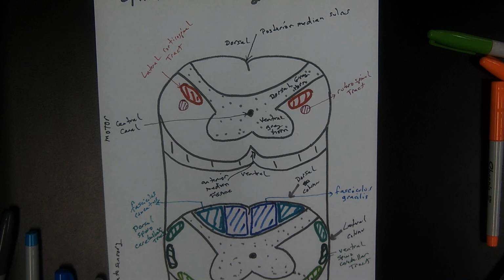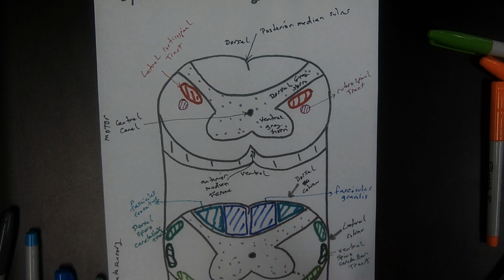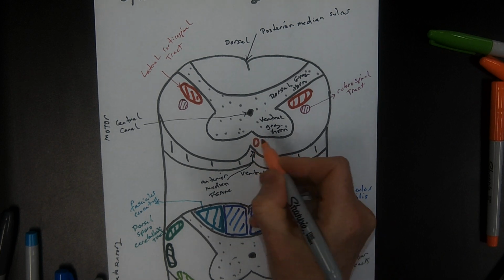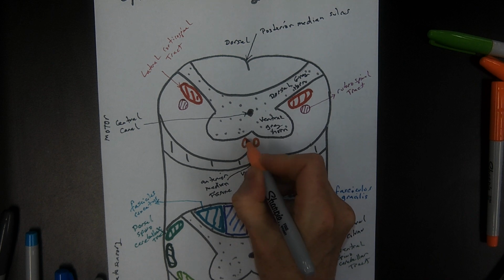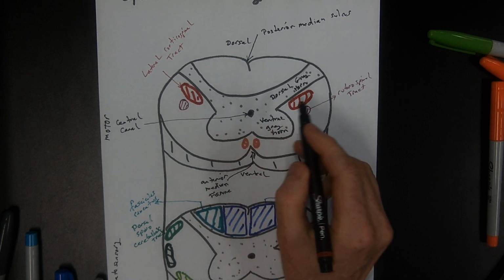And then as far as color, we'll use the same kind of pinkish here. There's another corticospinal tract, and this corticospinal tract is actually part of the anterior system. So here's your lateral corticospinal tract.